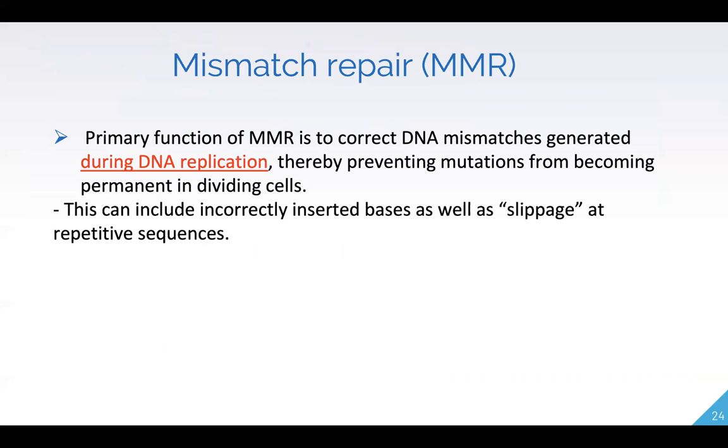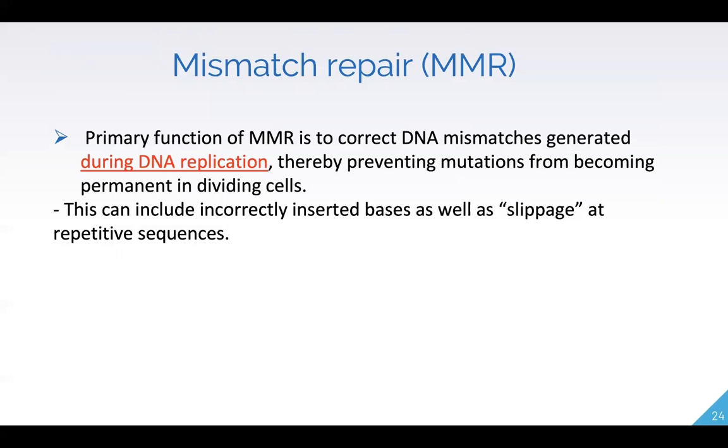Mismatch repair is specialized in repairing mismatches, right? Whether these are different bases opposing each other within the helix, or mismatches because of an extra or missing nucleotide, a deletion or an insertion, that will also be recognized as a mismatch event.